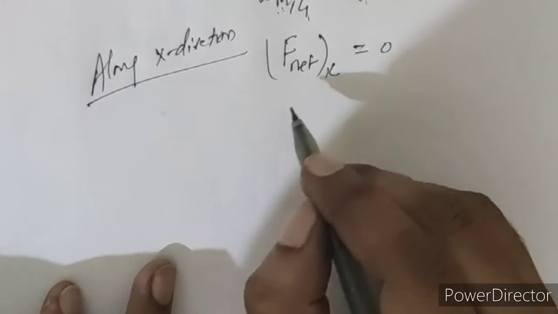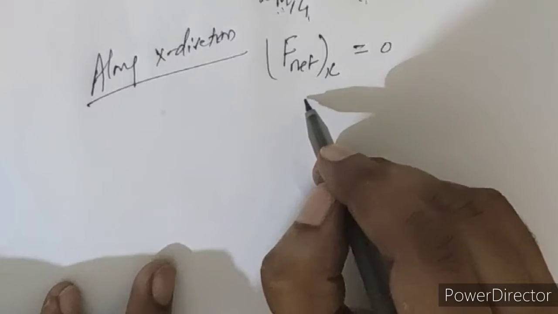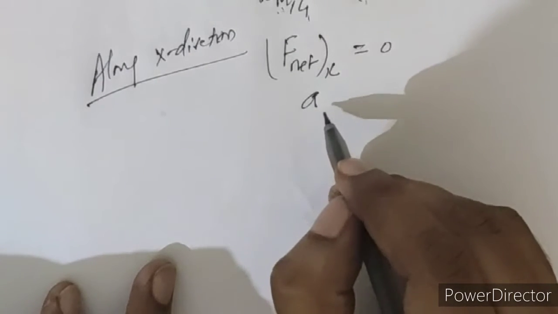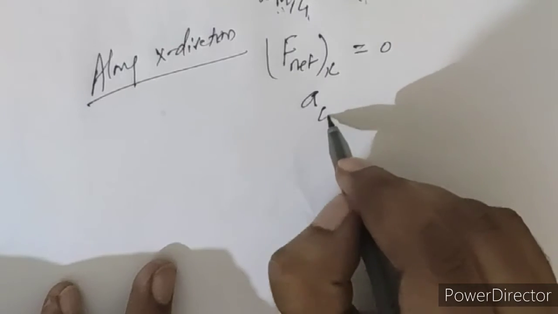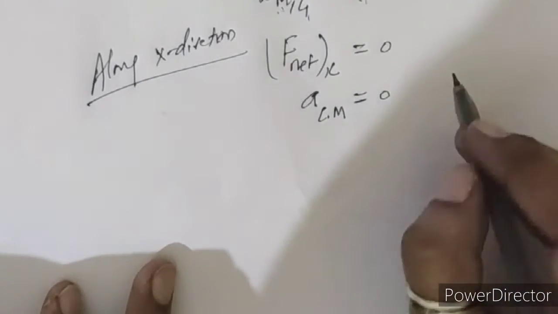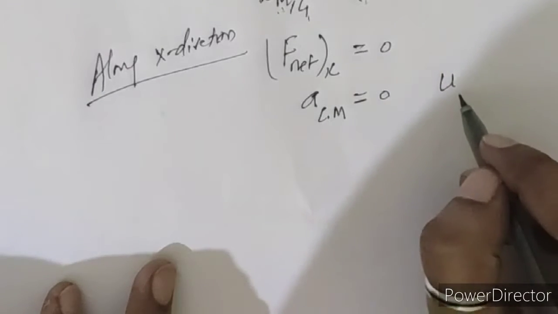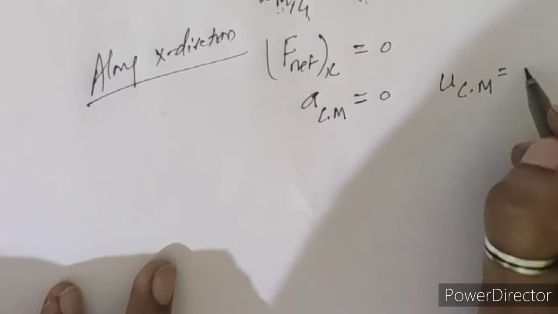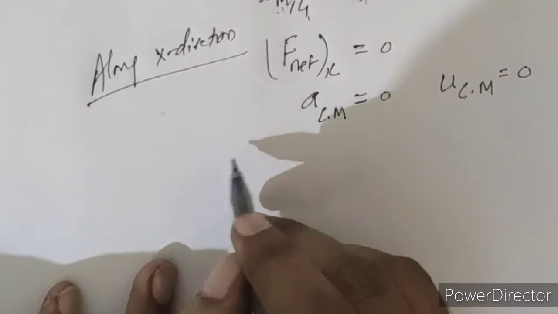So since the force is 0, we can say the acceleration of the center of mass of the complete system is 0. Since the initial velocity of the whole system is 0, the initial velocity of the center of mass is also 0.